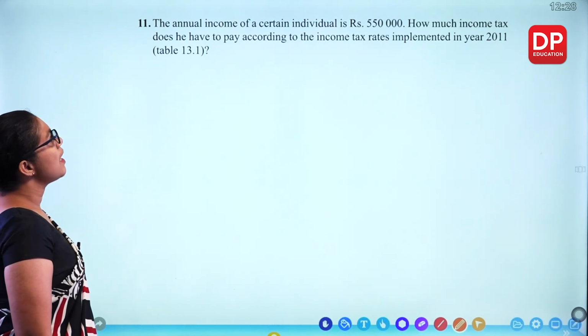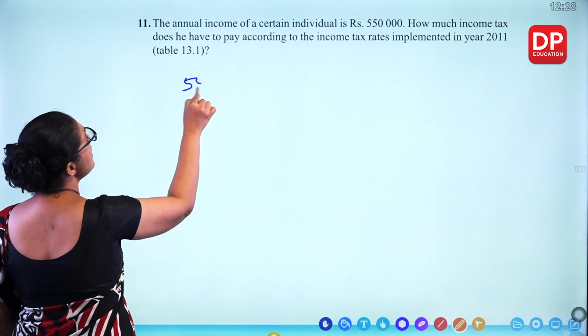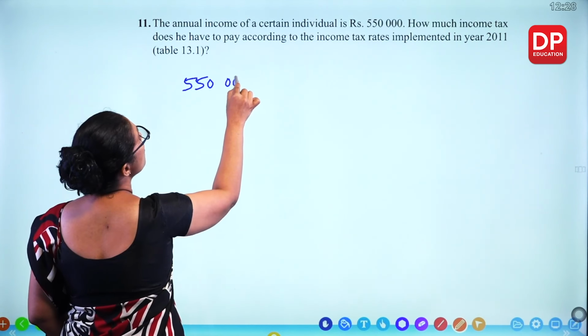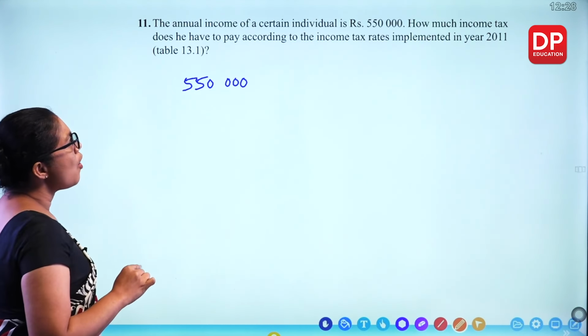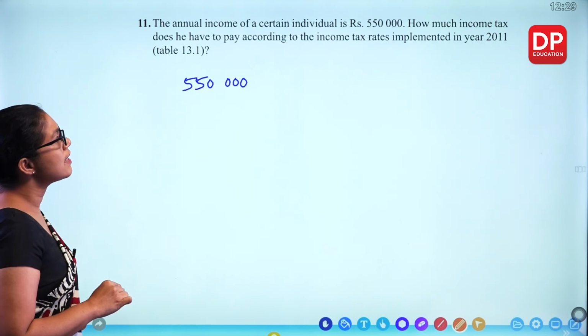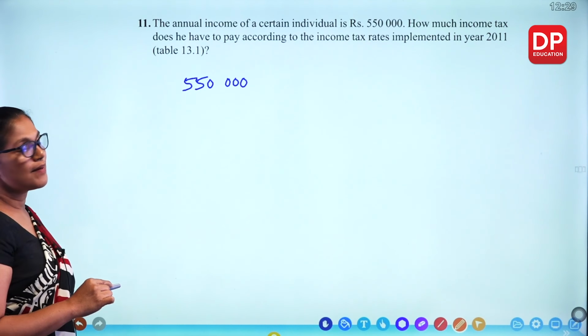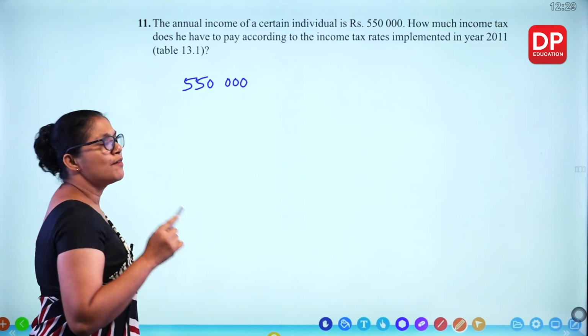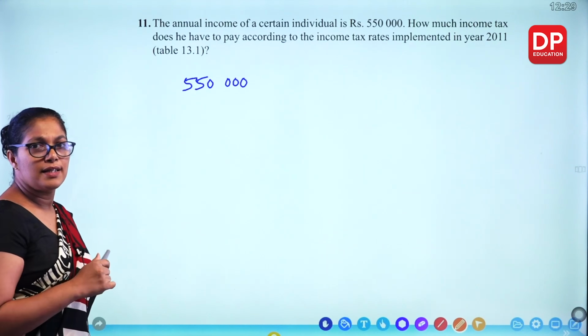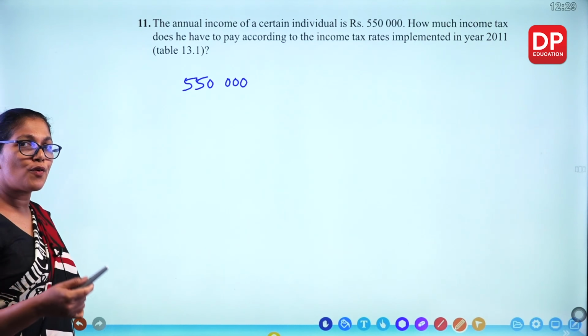Question number 11. The annual income of a certain individual is 550,000. How much income tax does he have to pay according to the income tax rates implemented in year 2011? So can you remember? First 500,000, tax is free, and for the next 500,000, that's 4%.